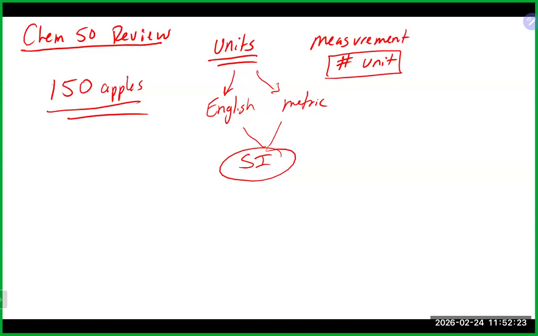We do have some different units, and it's important as we do conversions between these units that we understand the difference between them. The common one is 1 inch is exactly 2.54 centimeters.